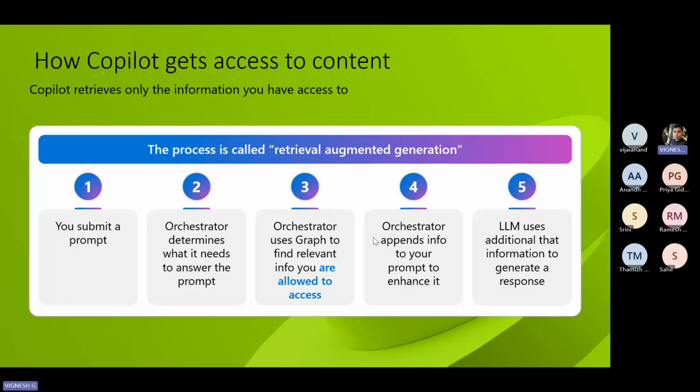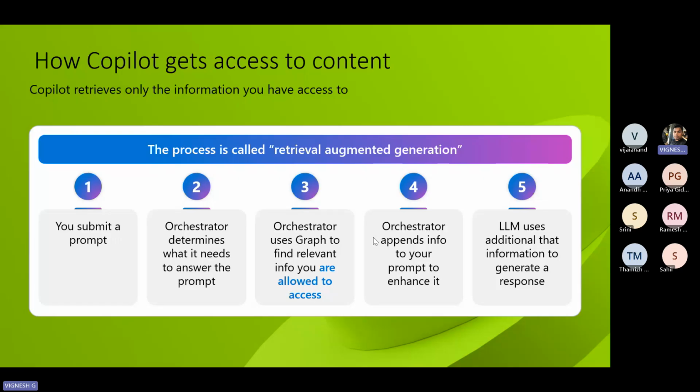Pretty much whatever you do gets stored inside Microsoft 365, inside Microsoft Graph. Don't think of it as a database. It's sort of an interim state, but all the documents that you have written, all the documents that have been shared with you, all the email content, the Teams chat conversations, pretty much anything that is relevant to you as a user in Microsoft 365, gets stored in Microsoft Graph, right?